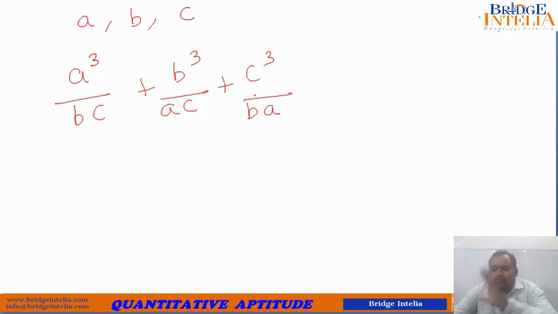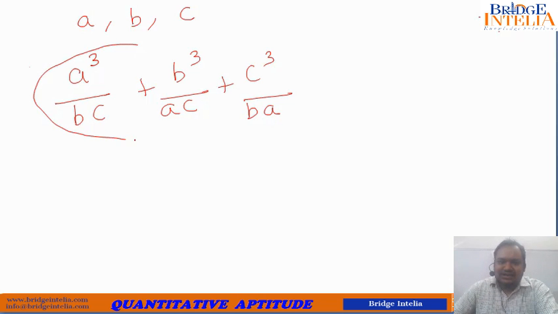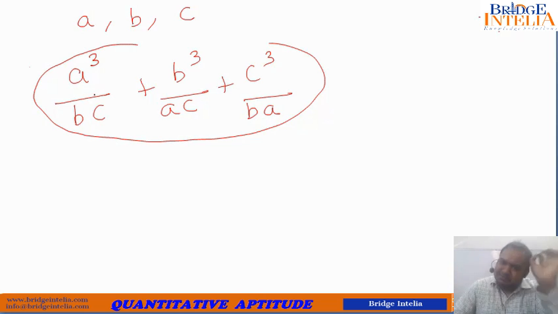If you look carefully, these types of expressions are known as symmetrical because if you exchange the places of any 2 variables, let's suppose you exchange a with b and b with a, you will still get the same expression. Let's do that. Wherever you see a, write b there, and wherever you see b, write a there. You will still get the same expression. That means all the variables are written in the same format, same pattern, same symmetry, and hence they are known as symmetrical expressions.